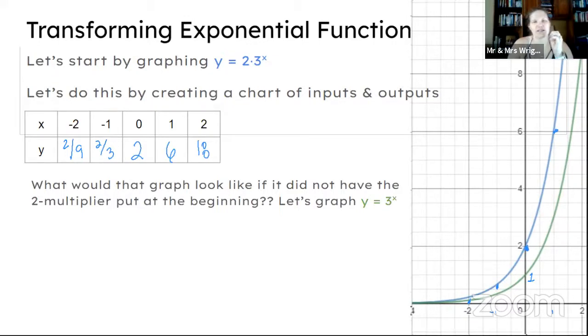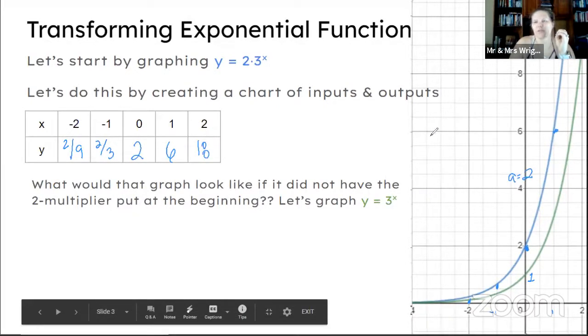So this blue one has a multiplier of 2. a is going to equal 2 in our equation of f of x equals a times b to the power of x. Okay, so you can see how we've taken the green one, reached on the top of it and started to pull up. And as you're pulling up on it, each x position is going to move up a little bit higher.